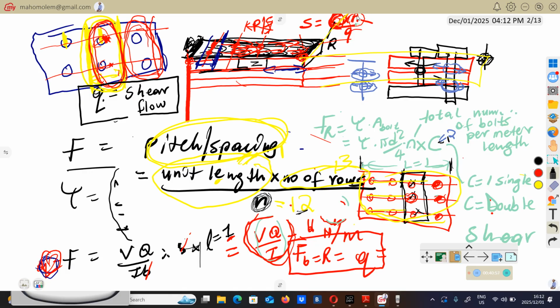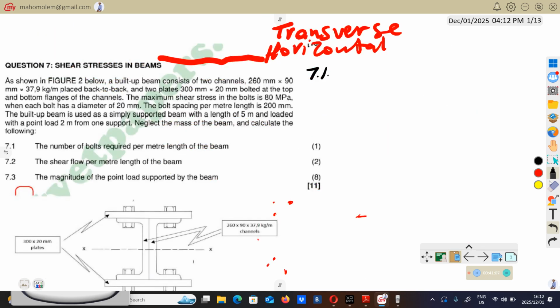So this one is the number of bolts per pitch. So that's why we're going to use this formula. And let me write it on this side. So 7.1, we're going to have pitch.